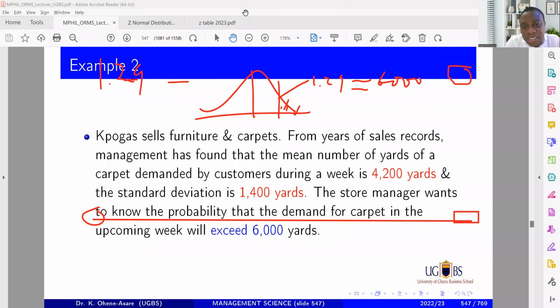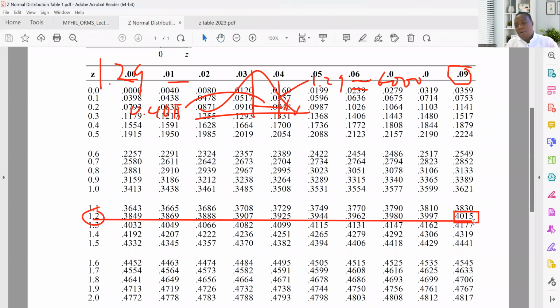But what we have gotten is the area from the mean, the center, to that. I just want to be sure that's the exact value. When you go there, you see it: 0.4015. So what you're going to do is subtract that value from 0.5 to get the area that is above 6,000.